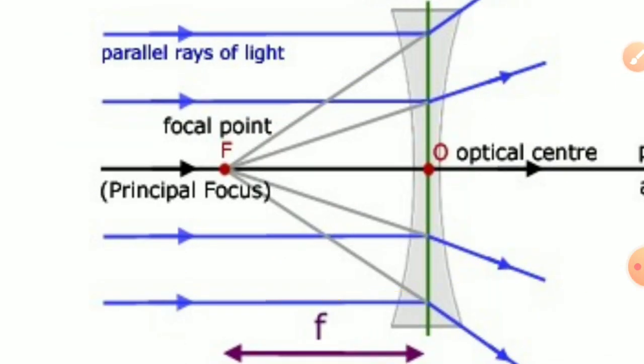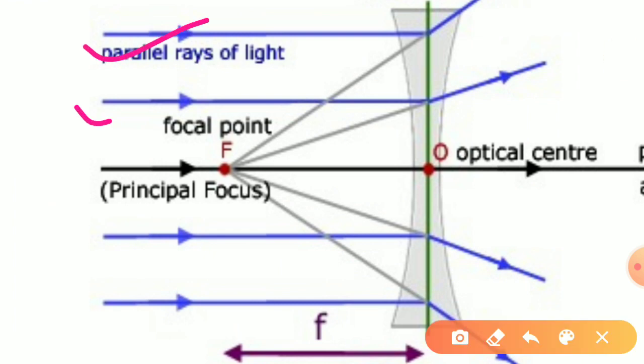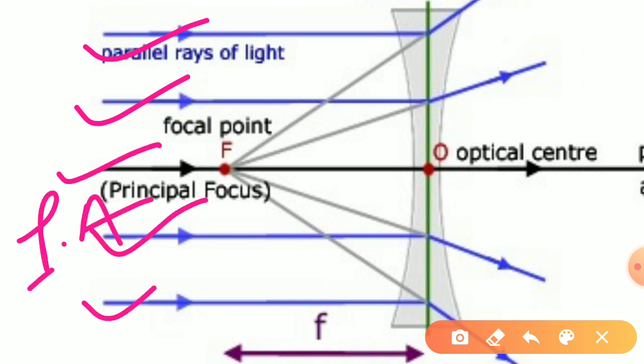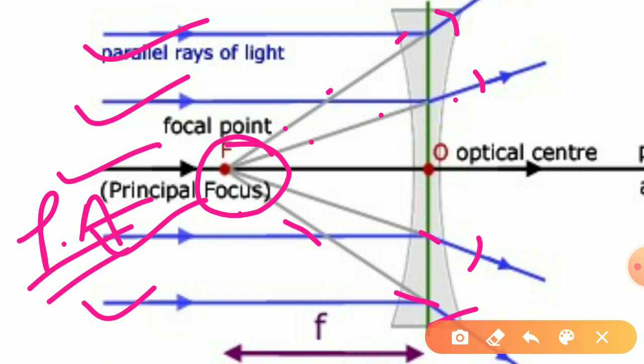Then how to define the principal focus of a concave lens, which is also known as a diverging lens? Again, these are the rays of light which are parallel to the principal axis, and after refraction from the lens, if we extend the path of the refracted rays in the backward direction like this, they will meet at a point on the principal axis.